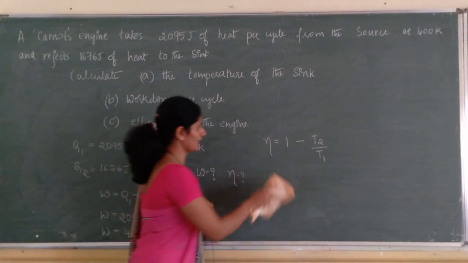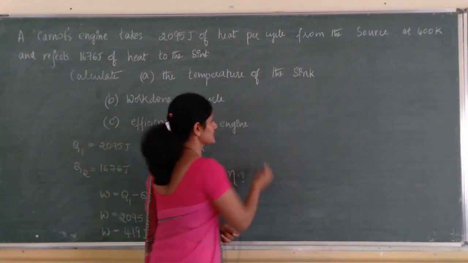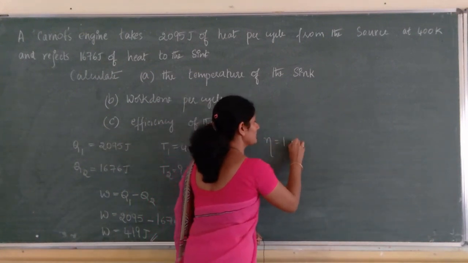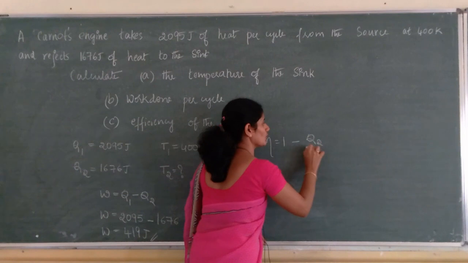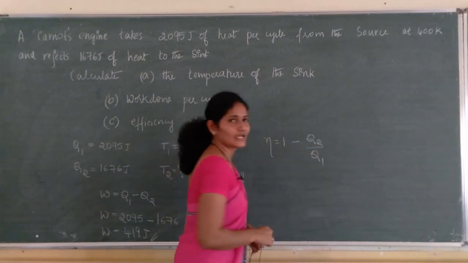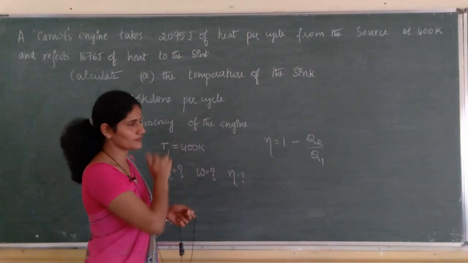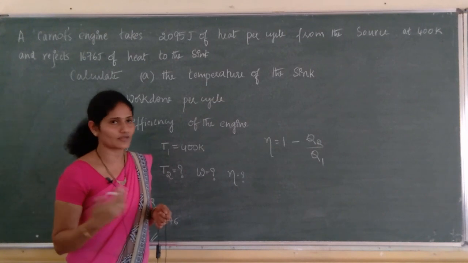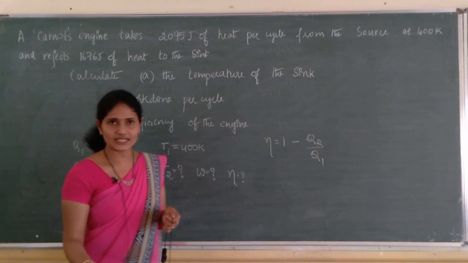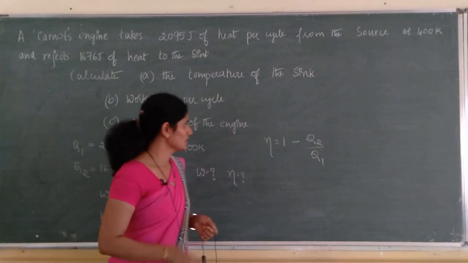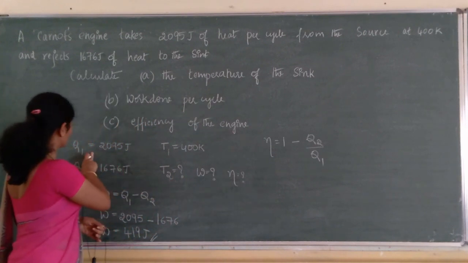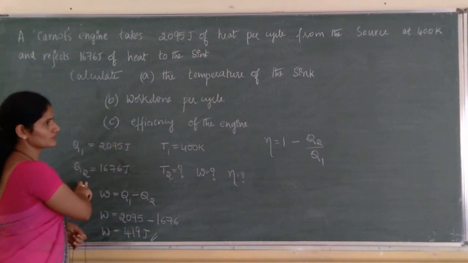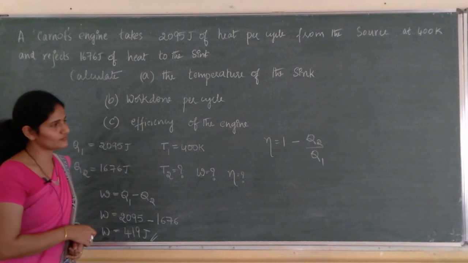For that we have another formula: eta is equal to 1 minus Q2 by Q1. In terms of heat energy, this is the formula for efficiency. In terms of temperature, we have another formula, that is eta is equal to 1 minus T2 by T1. Here we know the value of Q1, Q2 is also given. So, we can easily calculate efficiency.